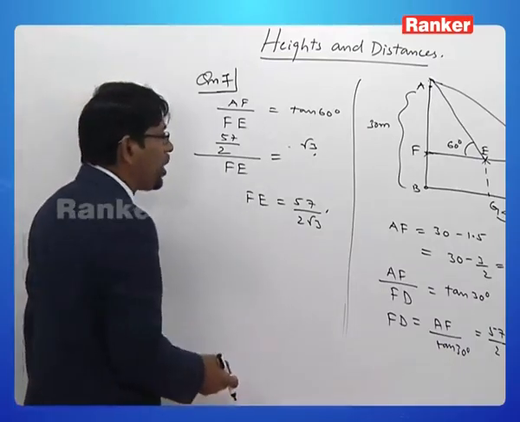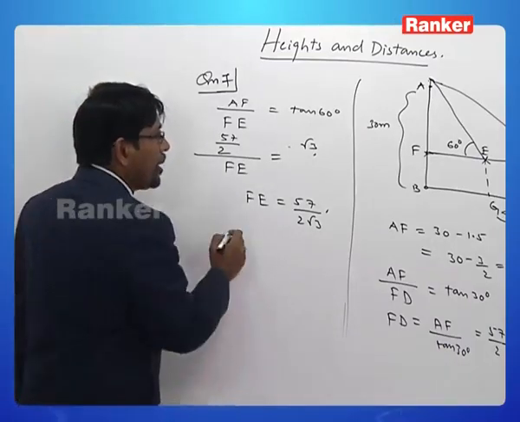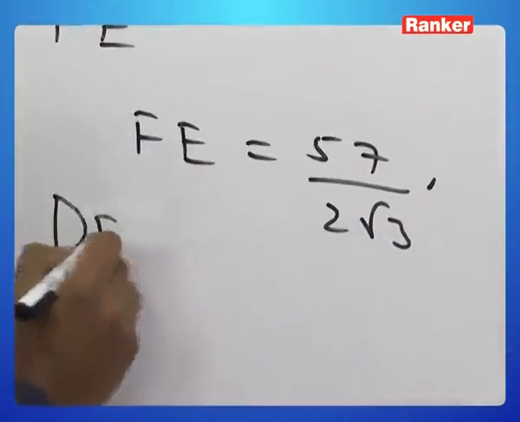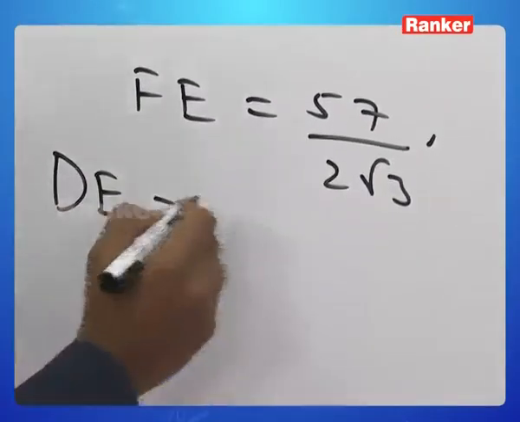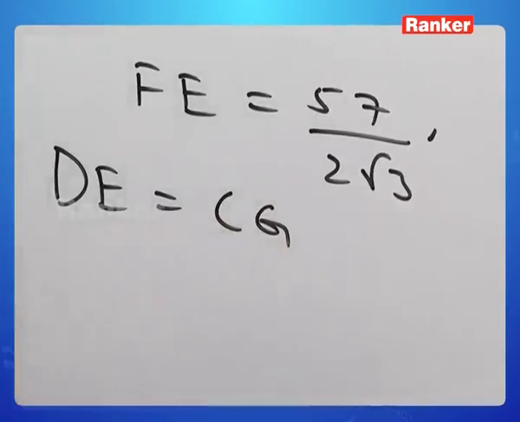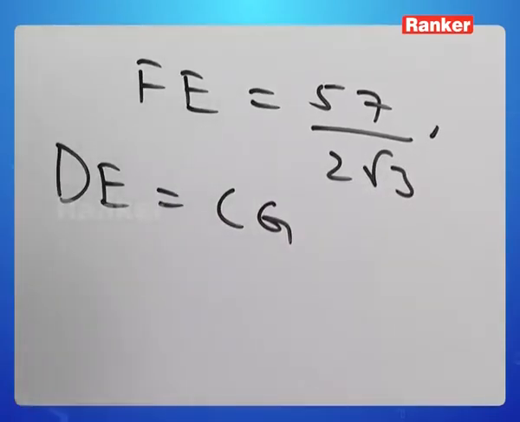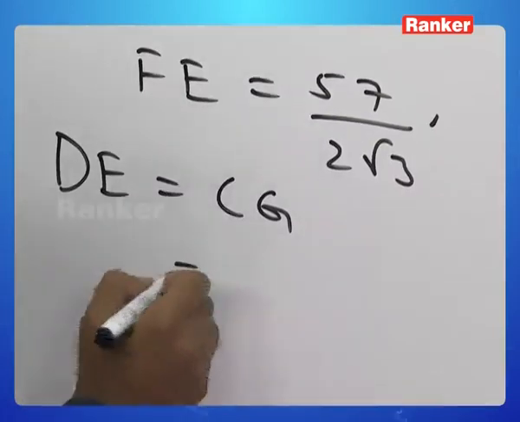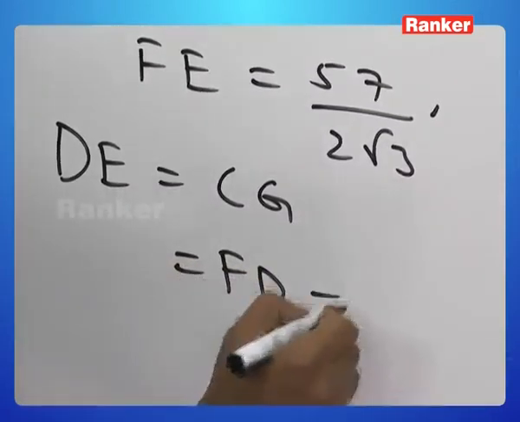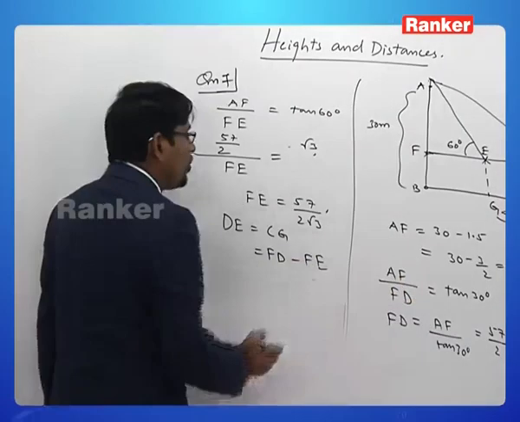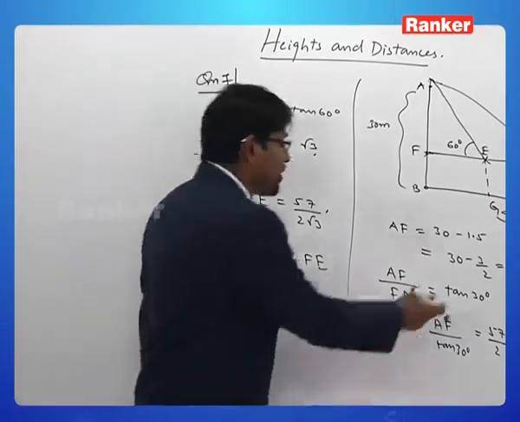Okay. Now what we want is DE, which is equal to CG, the distance through which he has walked. That is clearly FD minus FE. What did you find FD to be? 57 root 3 by 2.